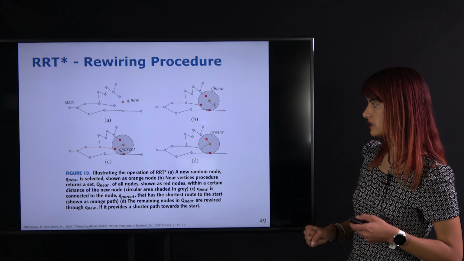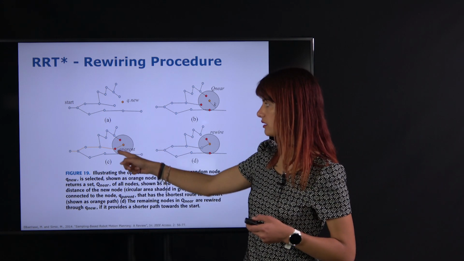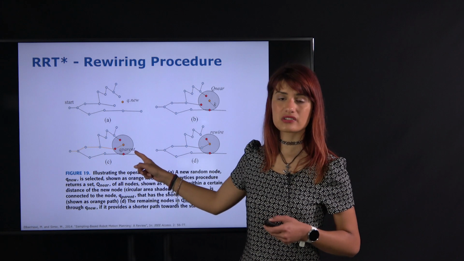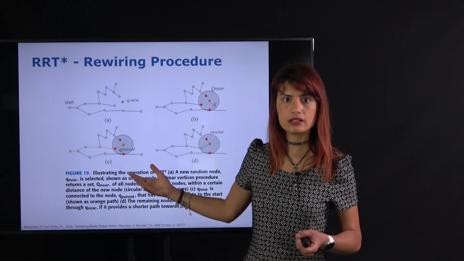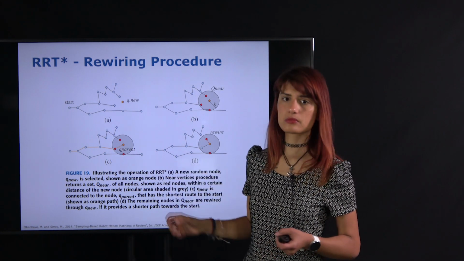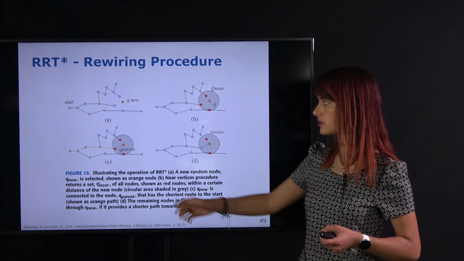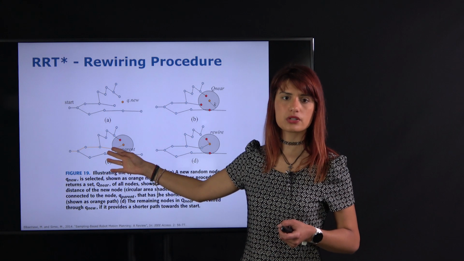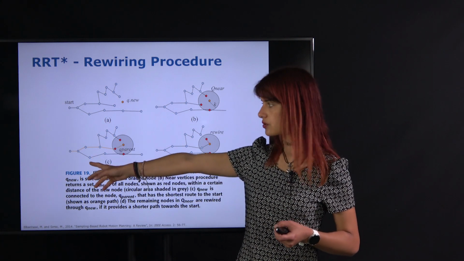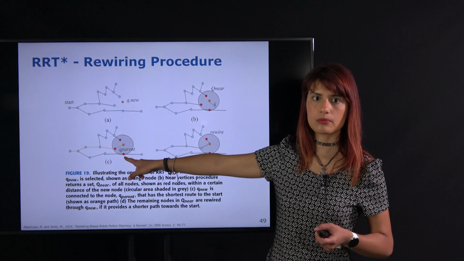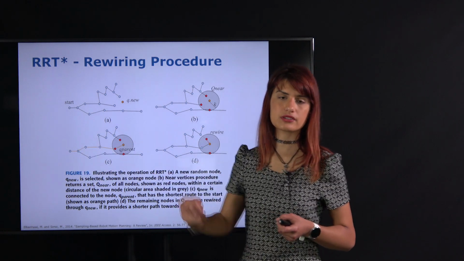And then we need to see which of the nodes that are considered its neighbors based on the radius has the shortest possible connection to it. So which node should be its parent? Which node will give us the shortest possible path from the newly sampled node all the way back to the start?